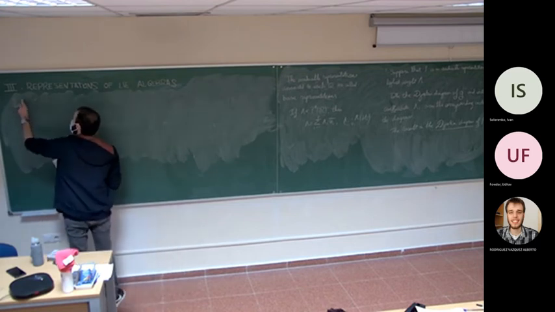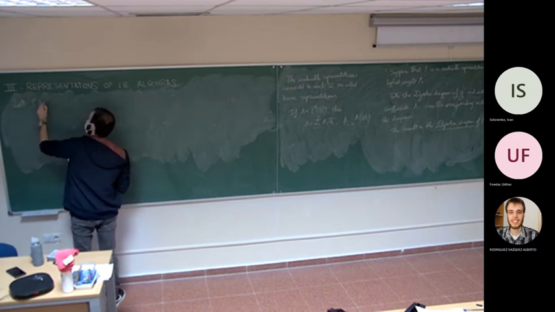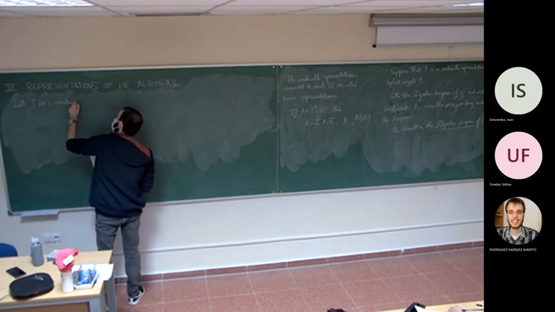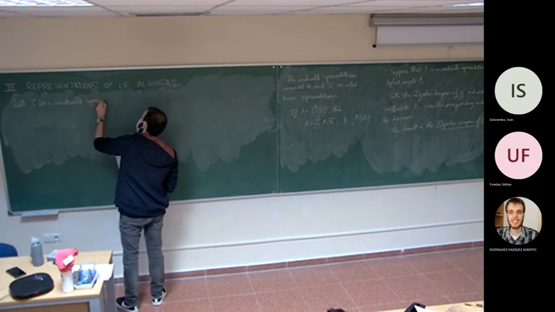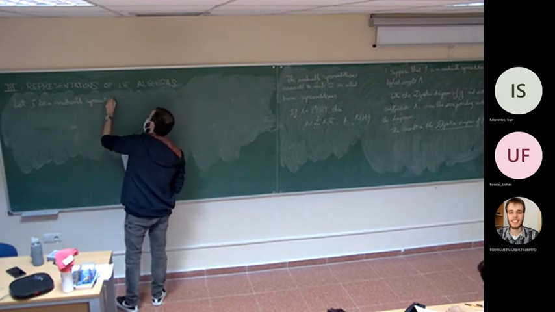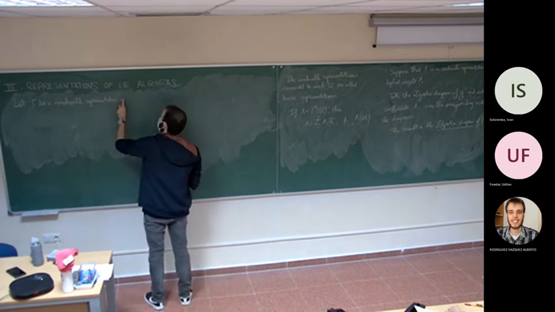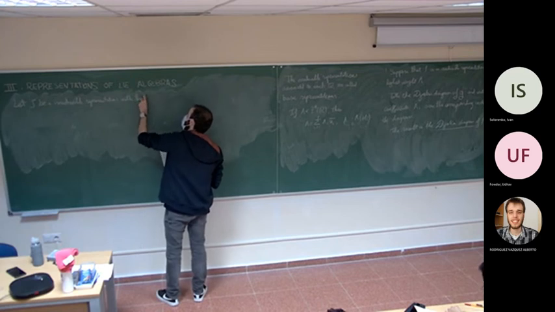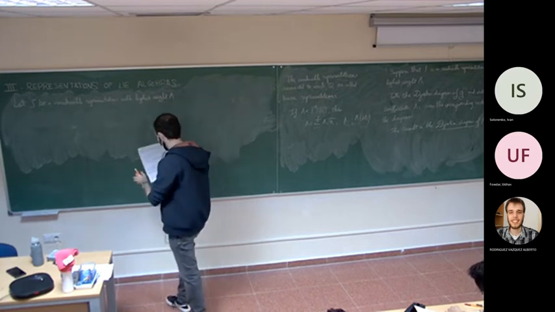So let rho be an irreducible representation with highest weight lambda. We choose the highest vector.